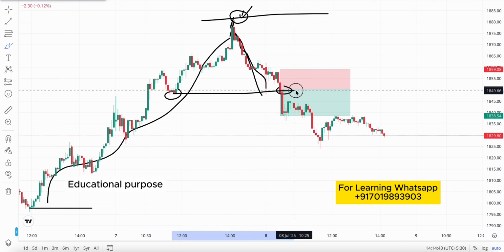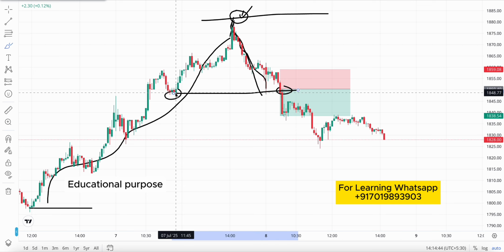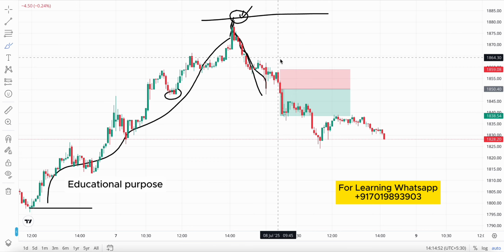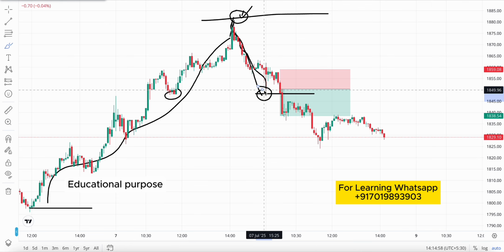Now if this support level had held strong, there would have been a chance that the price would go up from here and bounce back up. But what happened today was that at the support level there was no price forming on a stronger buy side.